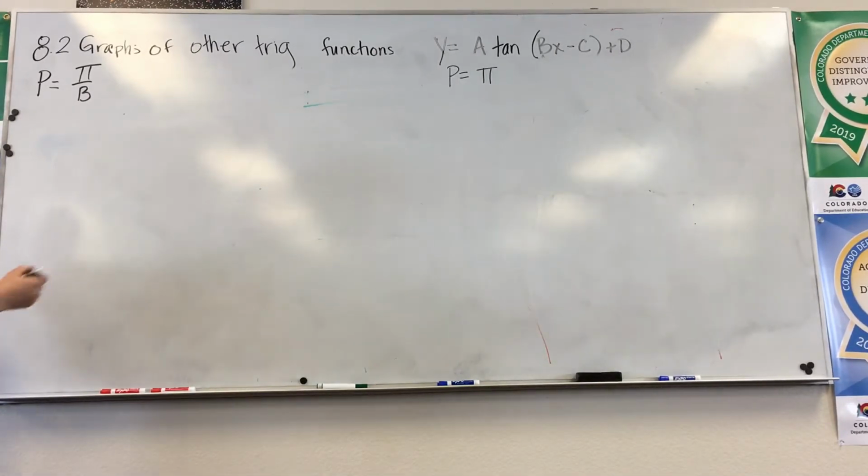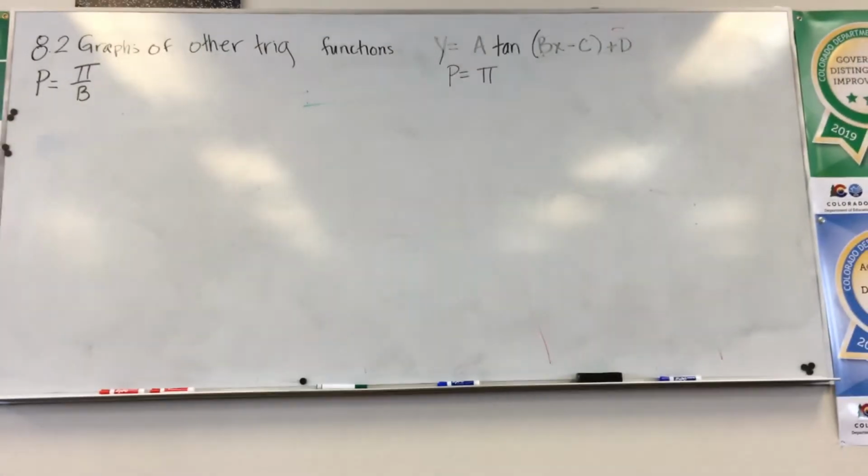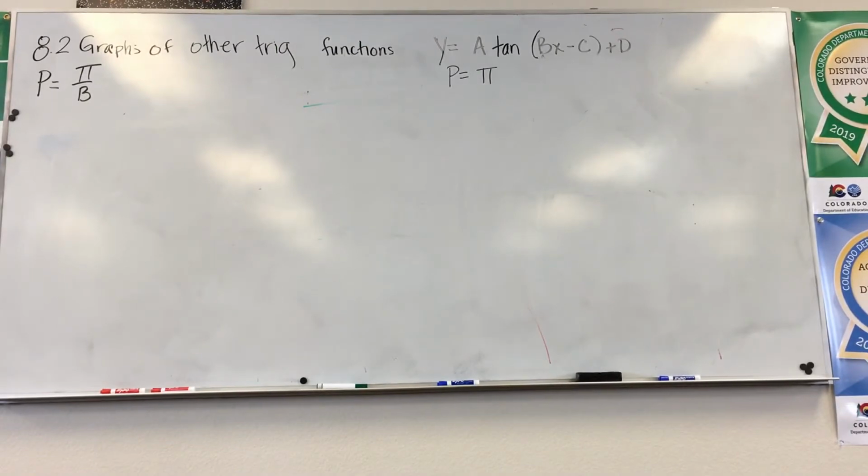Okay. So in the parent graph, plain tangent of x, there's an asymptote at negative pi halves and at positive pi halves.